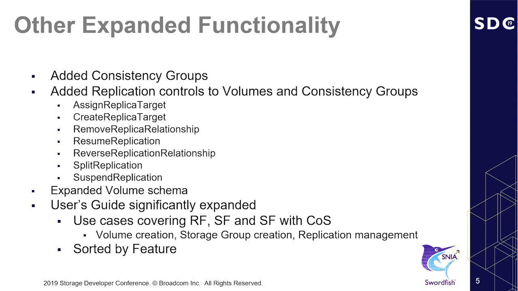The next thing we added was replication functionality explicitly into both volumes and consistency groups. They're exactly the same set of functions, but there's 6 different ways to do replication. Previously, we had replication built in, but it was built in as part of class of service. There was only one explicit control in that.